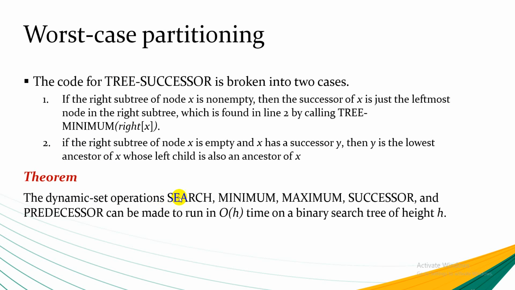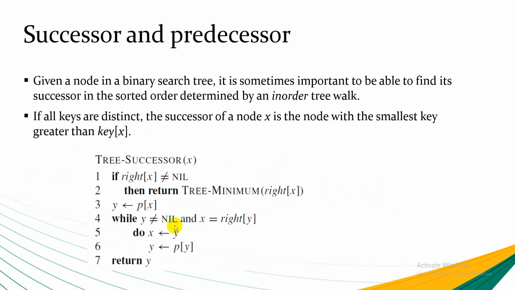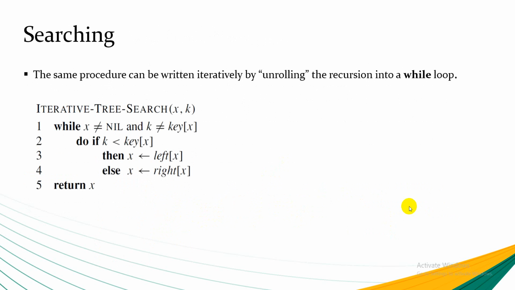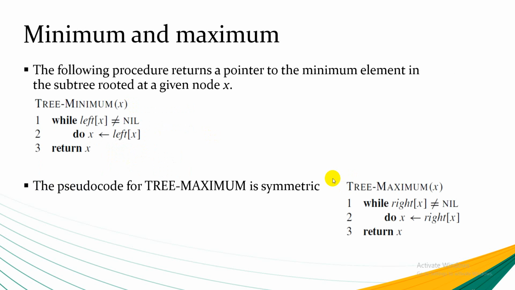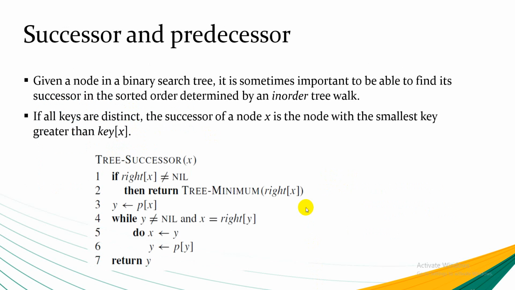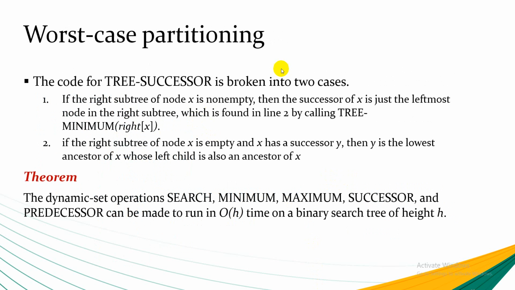The dynamic set operations, which are search, minimum, maximum, successor, predecessor, can be done in O(h) time, where h is the height of the tree, because in all the algorithms, for example this one, we cannot go more than the height of the tree. So the while loop, or the repetition, will go at maximum the height of the tree. Okay. So this is regarding the successor and the predecessor.